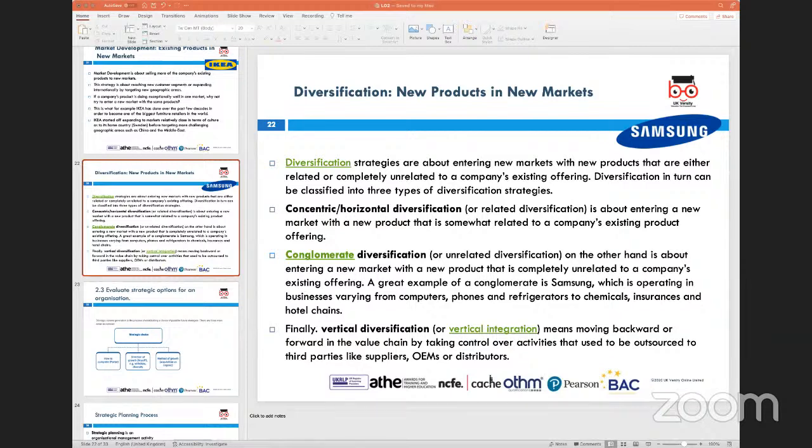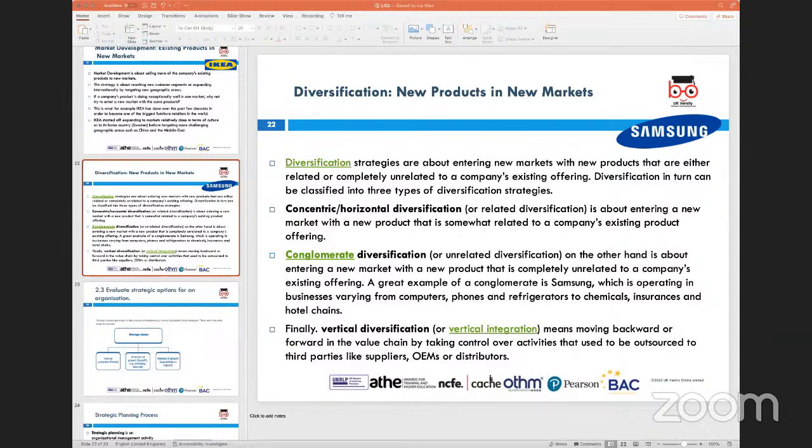You have a notepad that people buy to take notes, and in order to attract more business and increase revenue, the company introduces pens along with its notepad. So if you're buying a notepad for £1, you might buy a notepad with a pen for £1.50, which increases the revenue. This is an example of horizontal diversification.